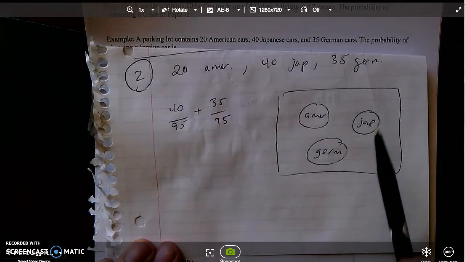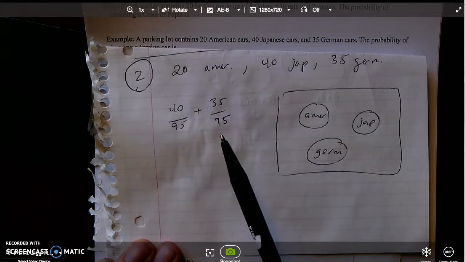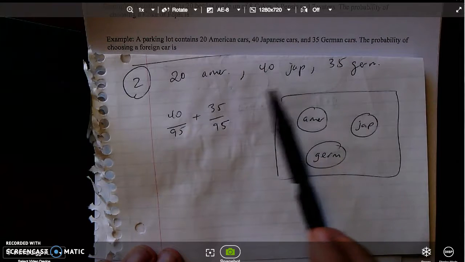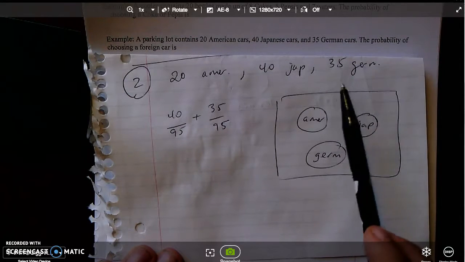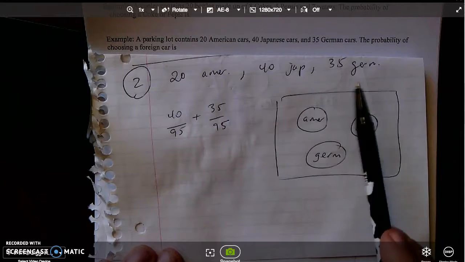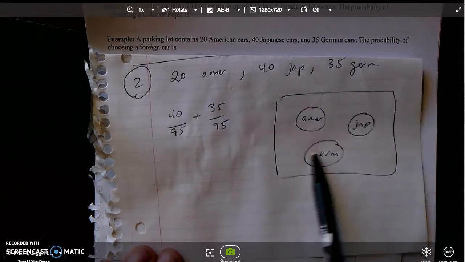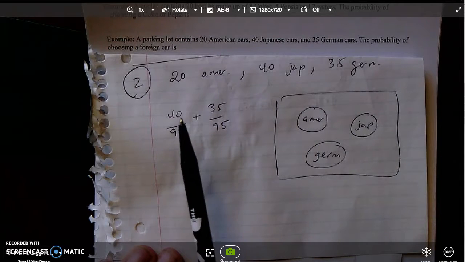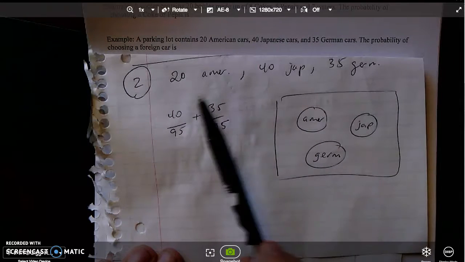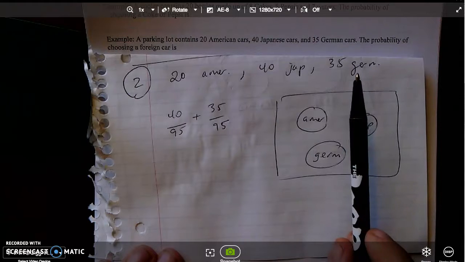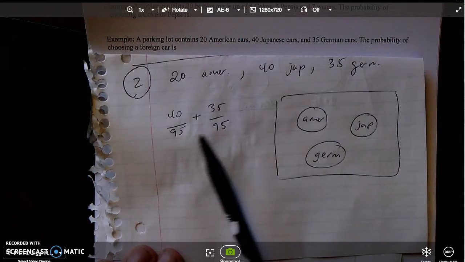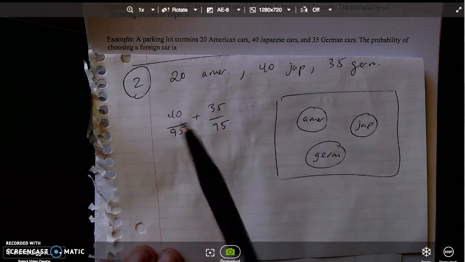I want to know the chance of getting a foreign car. That's basically going to be either Japanese or German, so it's one or the other. You can see in my Venn diagram there's going to be no overlap. I have 95 total: 20 plus 40 plus 35 is 95. That's where this comes from. And then I can just add those up.